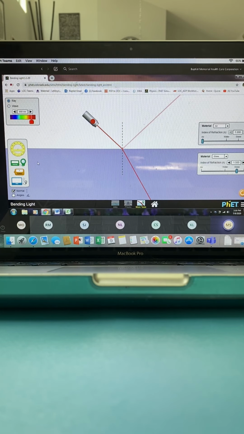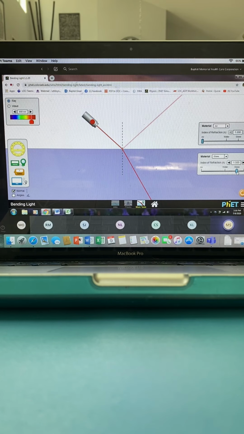If you are trying to know something related to the index of refraction, as I mentioned earlier, when light is passing through a harder medium, the speed of light is changed. Let me check whether it is right or wrong. This is the air medium, and this one is the glass medium.